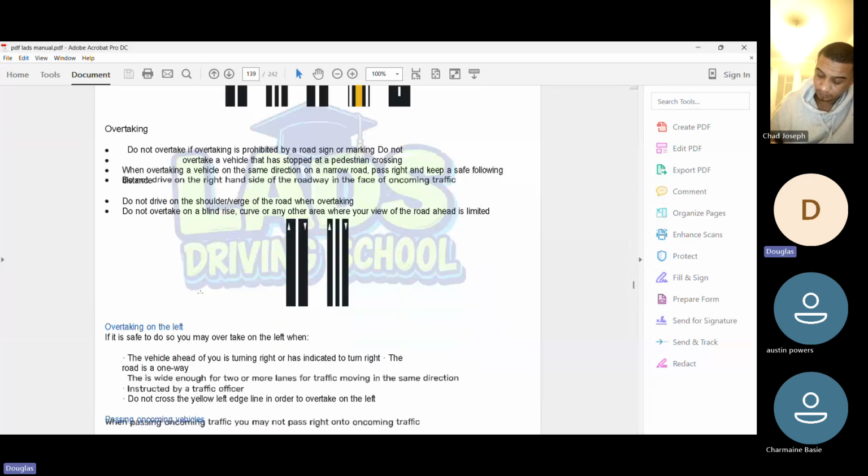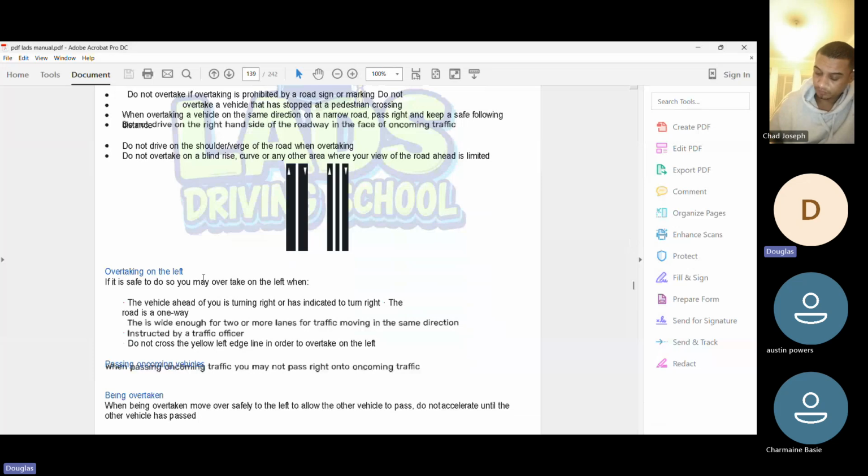Here we continue. Overtaking on the left. That's the topic. If it is safe to do so, you may overtake on the left side of the road when the vehicle ahead of you is turning right or has indicated to turn right. Or the road is a one way. Okay, to describe it, the first one, remember what I said? You're only allowed to overtake on the left side if the vehicle in front of you is turning right and has indicated that it's turning right.